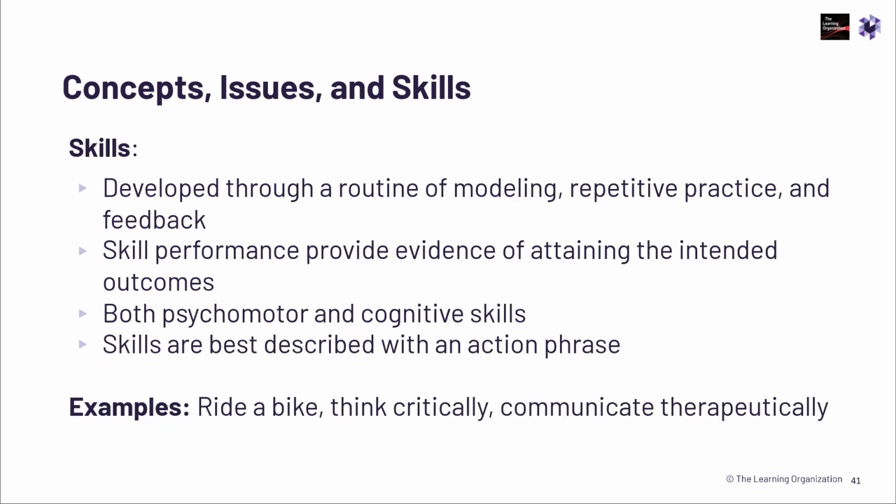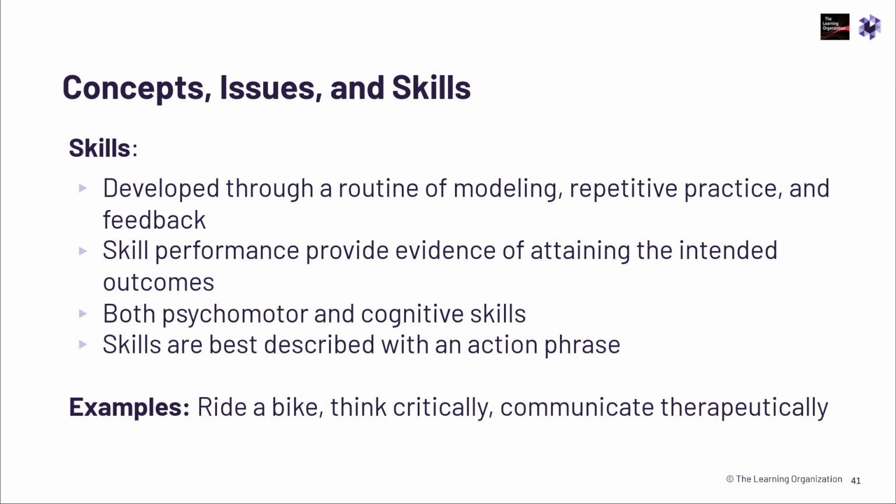And as I said, skills are really something that's developed through repetition, practice, feedback, right? Because it's really the evidence. That's what gives the evidence that students have learned, because they can apply it. You can see it in their skills. And skills, as we know, can be cognitive as well as motor, and they're really described with an action phrase.